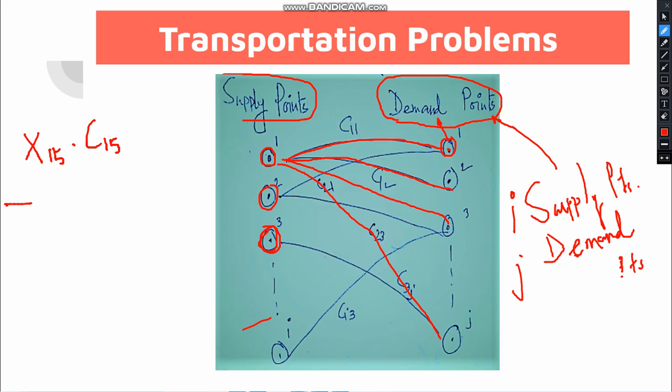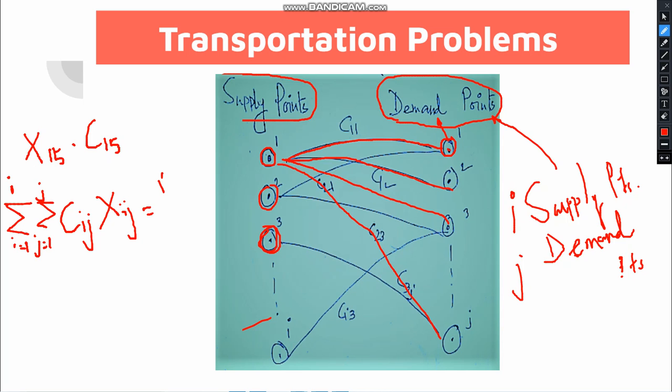So now the total cost when you are transporting the materials from each of the supply points 1 to I to the demand points 1 to J will be the sum of Cij Xij, starting from 1 up to I, and starting from 1 up to J. So this is the total cost.